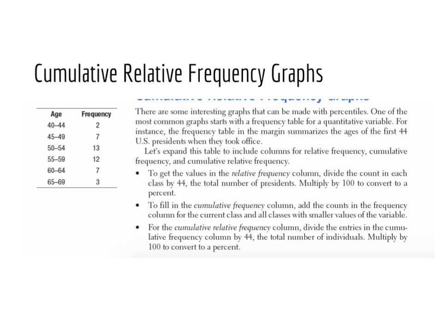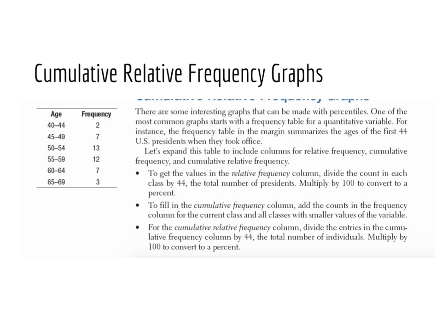So we're going to relate that now to cumulative frequency graphs. The idea of percentiles relates to this graph. What we're going to look at here is the inauguration age of presidents. That's the age of the president when they get sworn into office in January.